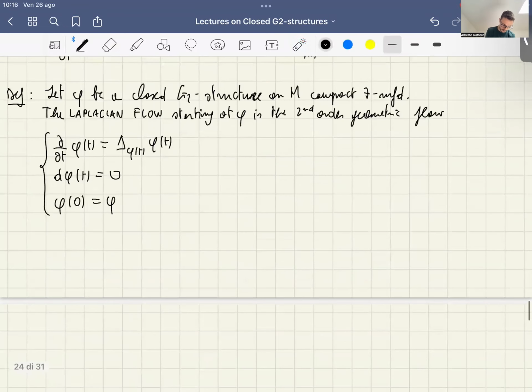So let's make some remarks on this flow, just to begin. So first of all, let's observe that the flow equation is not linear in phi.